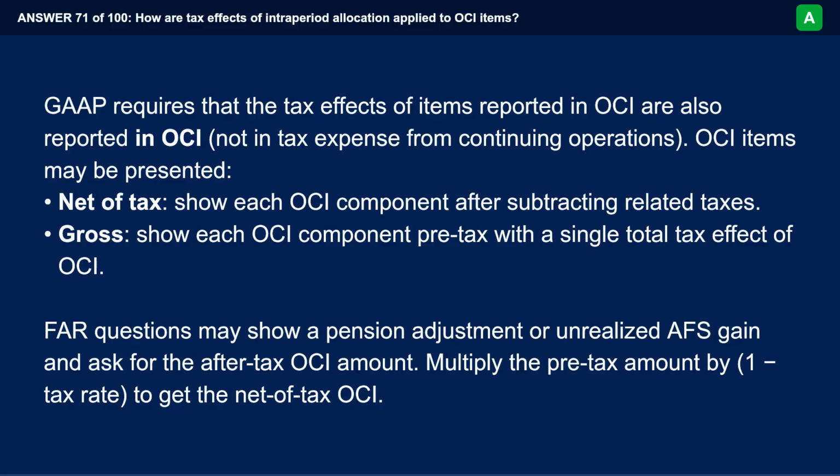OCI items may be presented net of tax, showing each OCI component after subtracting related taxes, or gross, showing each OCI component pre-tax with a single total tax effect of OCI. FAR questions may show a pension adjustment or unrealized AFS gain and ask for the after-tax OCI amount. Multiply the pre-tax amount by 1 minus the tax rate to get the net of tax OCI.